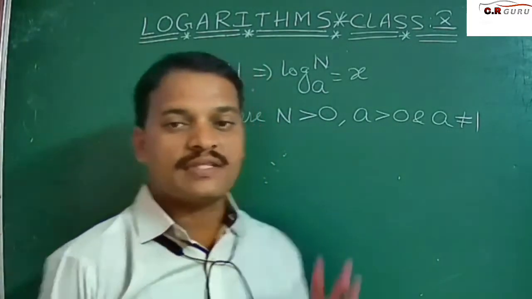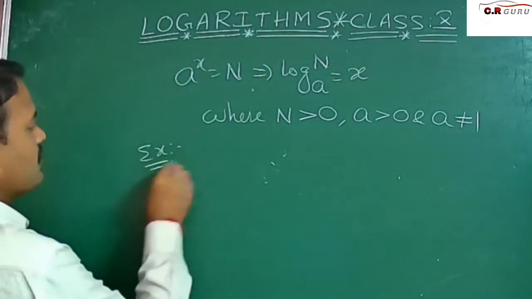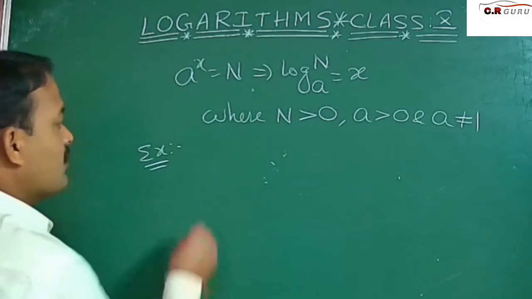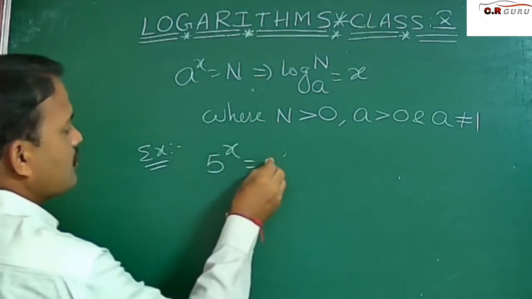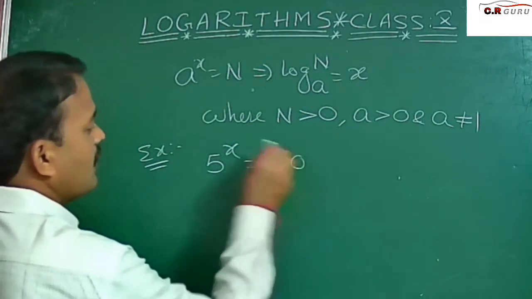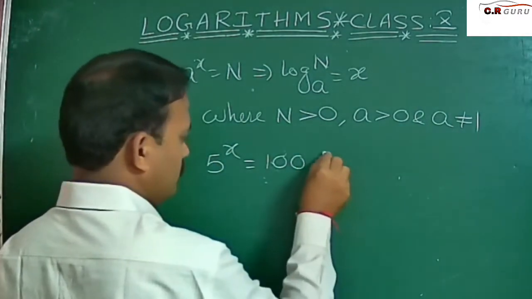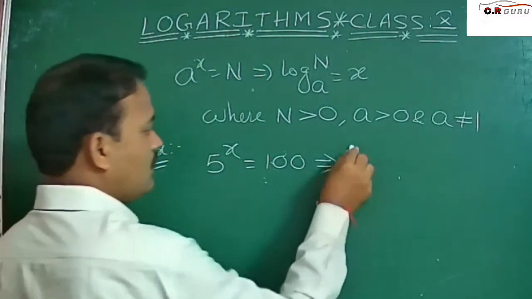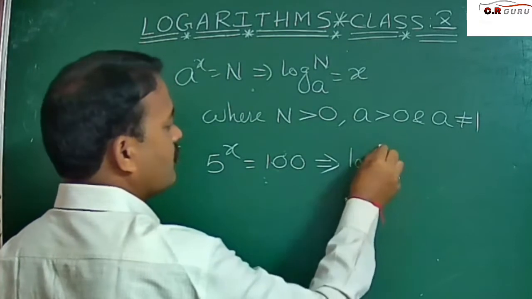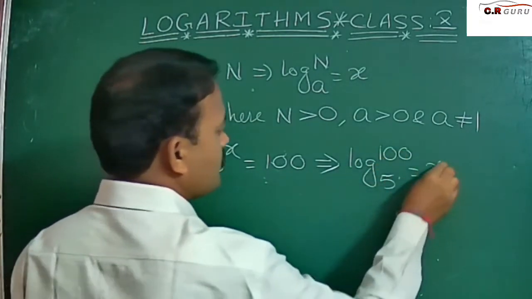Clear? Then based on that, I will give some examples. Suppose 5 to the power of x is equal to 100. How to convert into the logarithmic form? Log of 100 base 5 is equal to x.